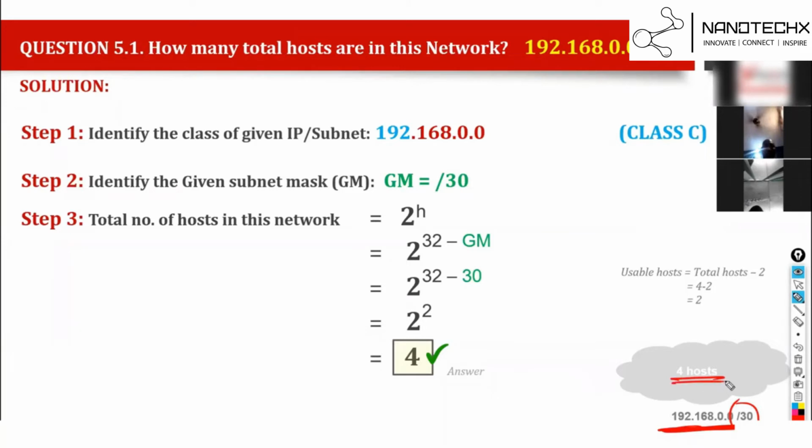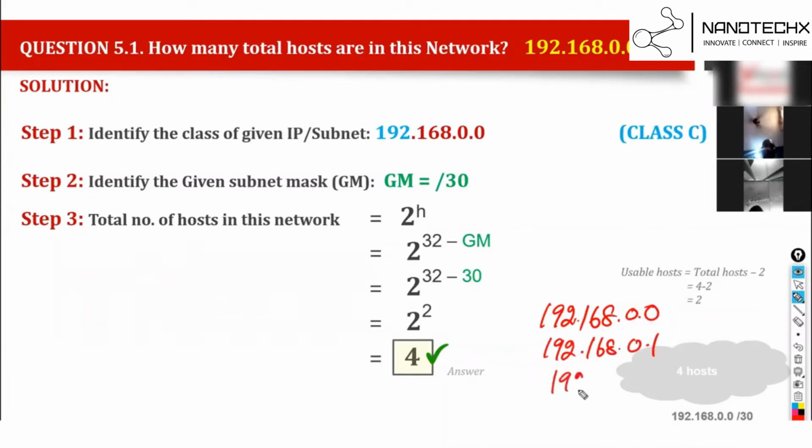So what would be those hosts, guys? Now we should be able to know. Those hosts will be 192.168.0.0, 192.168.0.1, 0.2, 0.3. How many usable hosts are we getting, which I can assign to computers? 2. Yes, very good.